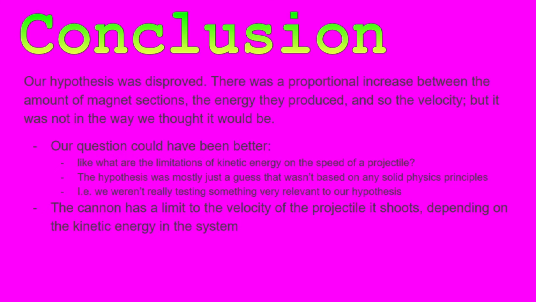And so this led us to wonder how we could have made our experiment better. Perhaps we could have changed our hypothesis and changed the question we're trying to answer. Maybe we could have made it a little bit more related to what the results of the experiment were. Because you never know what's going to happen.